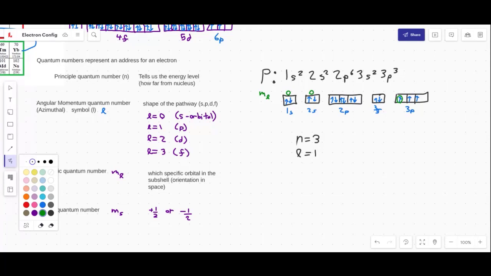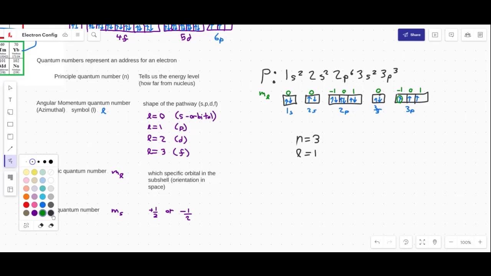But if L is 1, then m sub L can be negative 1, 0, or positive 1. Here's 0, here's negative 1, 0, and positive 1. And each one of those numbers represents a different orbital.